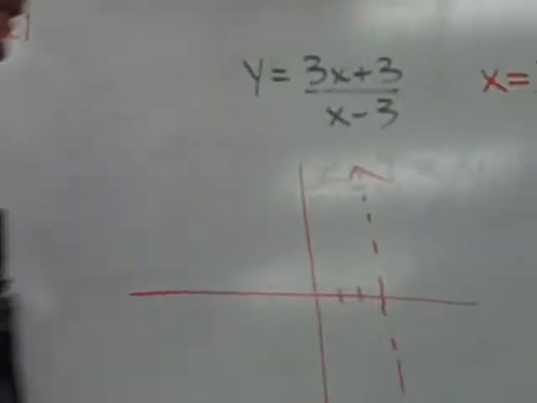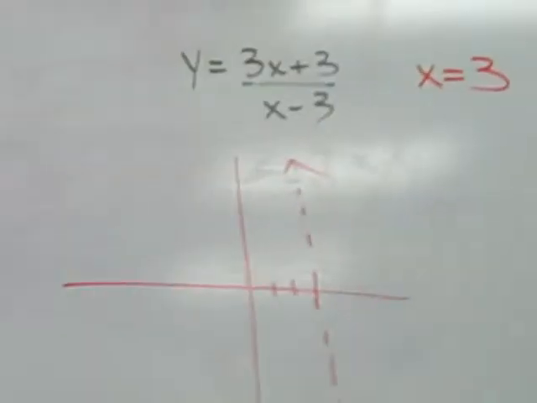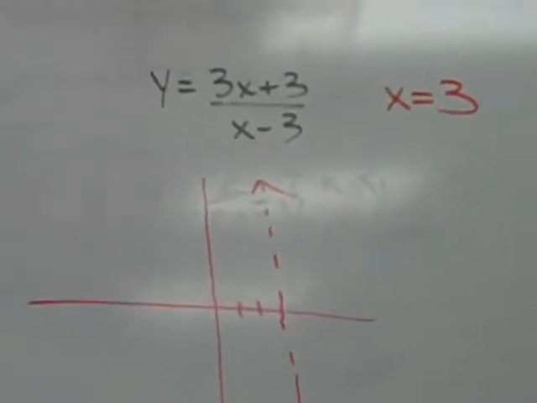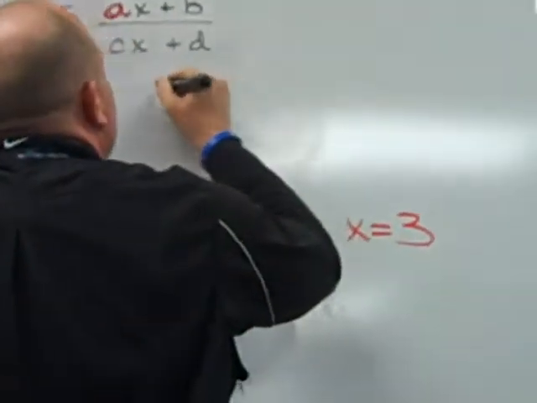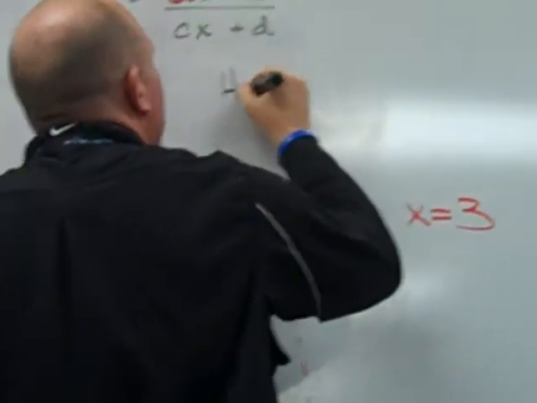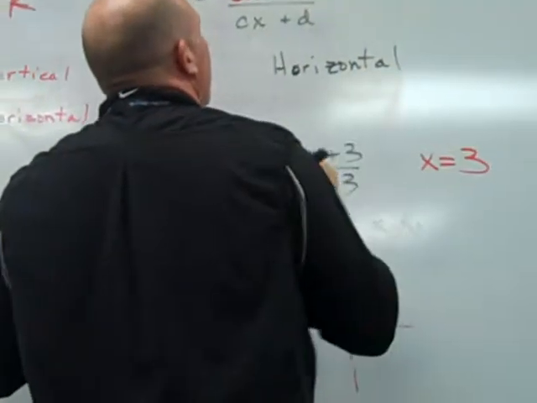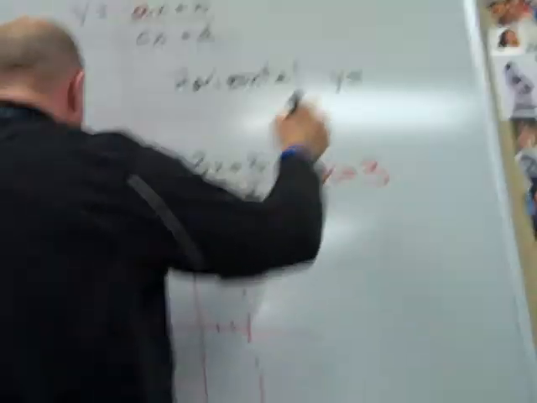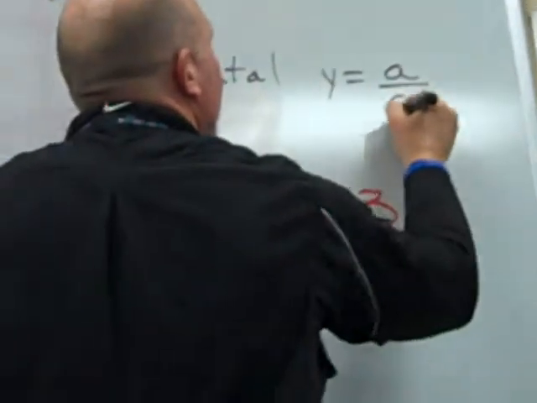Now, here's the first curveball. There's nothing added on at the end, is there? Are you ready? To find your horizontal when it's in the page form, it's going to be y equals, and you are going to take the a value divided by the c value.